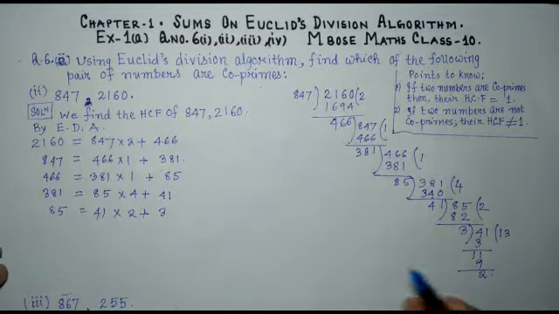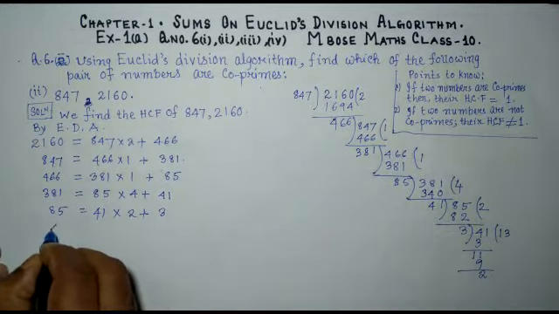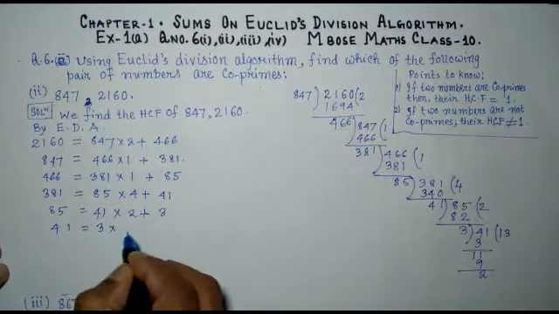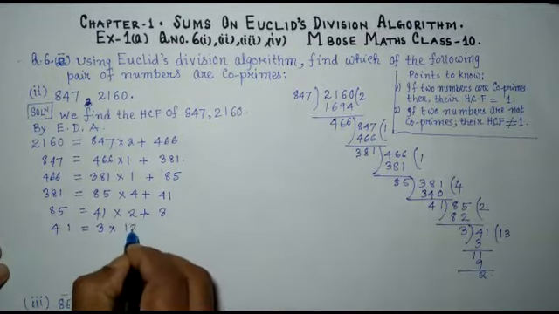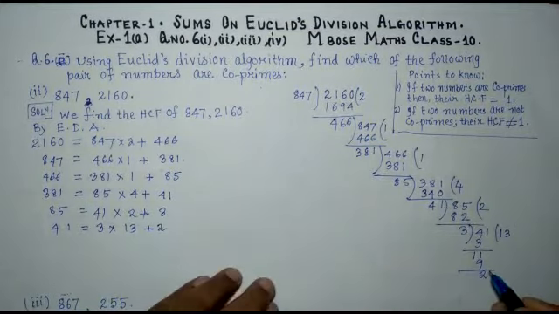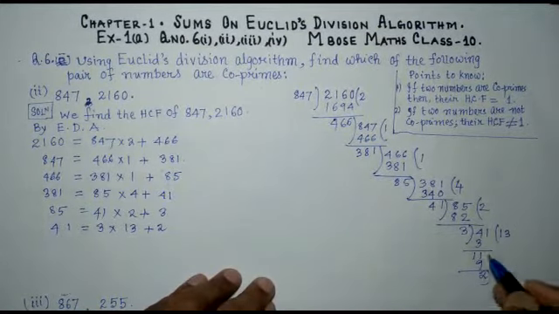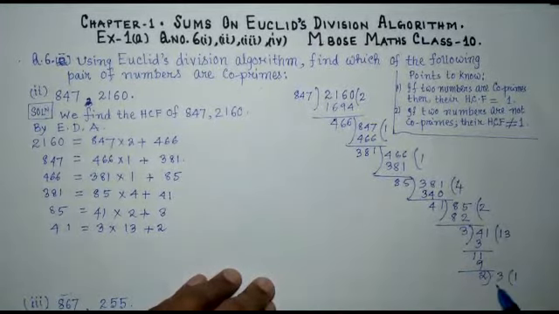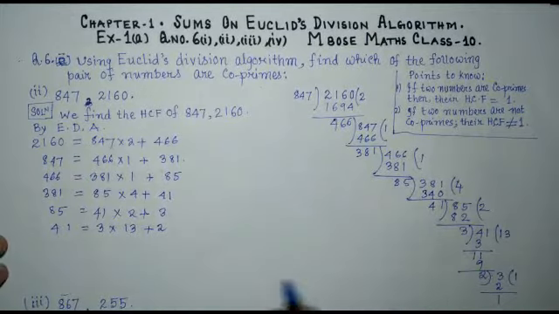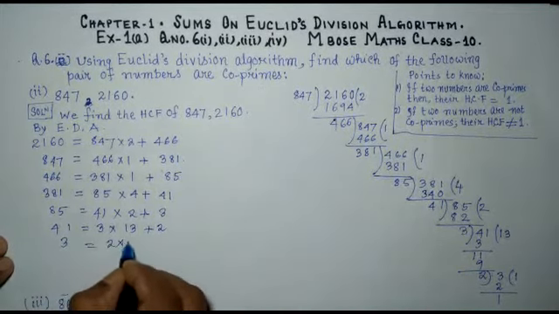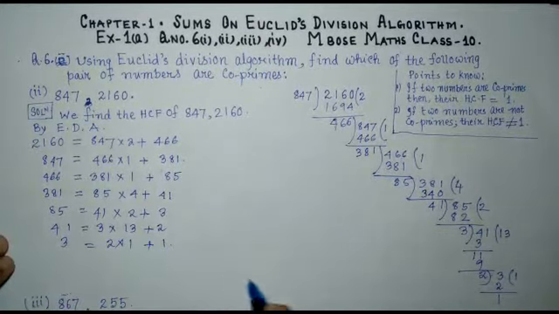So we write for this division: 41 is equal to divisor 3 into quotient 13 plus remainder 2, and we carry on the division. Bring that 3 here, 2 ones are 2, then it is 1, so we write for this division: 3 is equal to 2 into 1 plus the remainder 1.